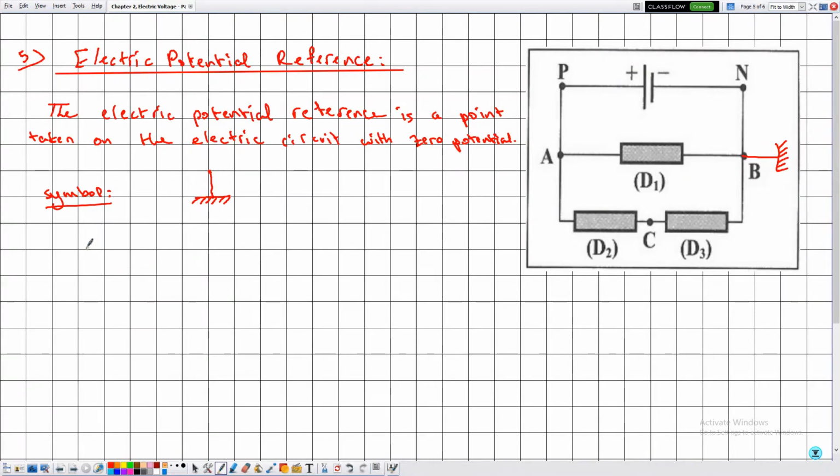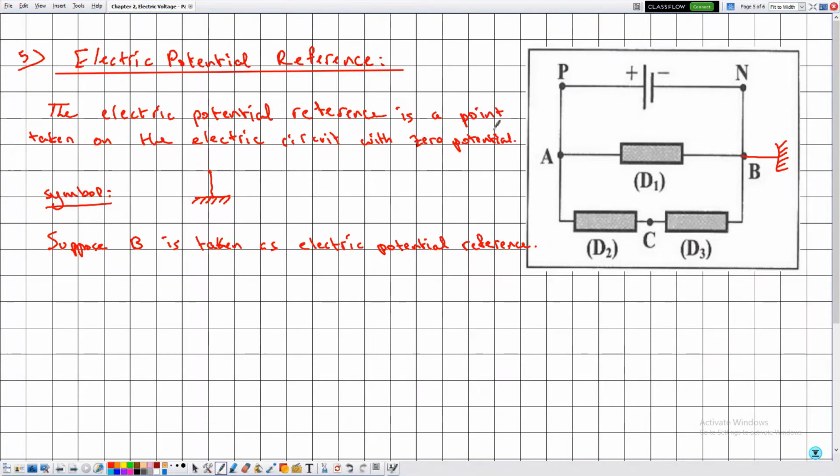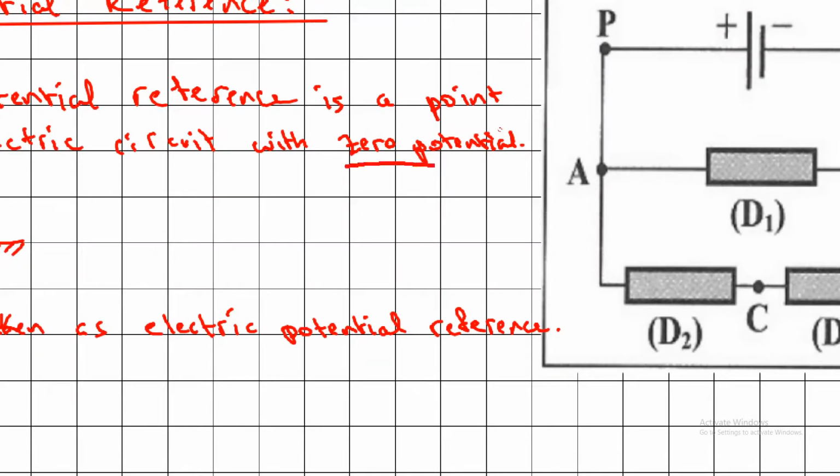Okay, then let's suppose B is taken as electric potential reference. By reference, it means the thing that we refer to; by definition here they are telling us that this point is defined to be the zero potential.